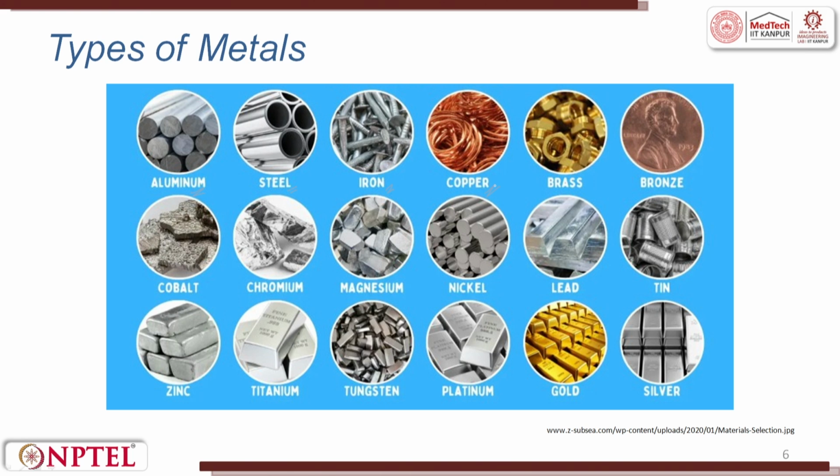So, if there is an application for electrical conductivity and thermal conductivity, we always go for copper. Copper is used in almost all the heat exchangers. Heat exchangers are where there is a transfer of heat between two media. Then an advanced version of copper is brass, which is a mix of copper plus an alloy.